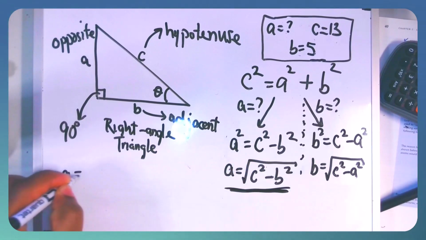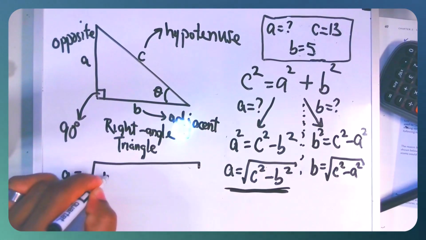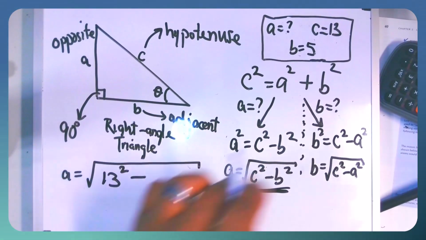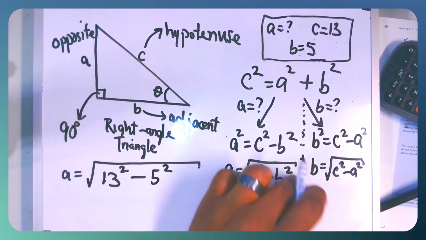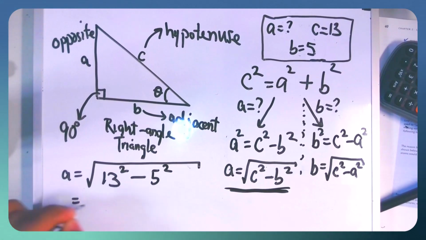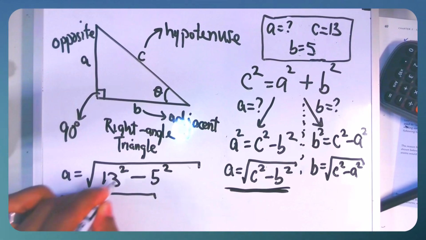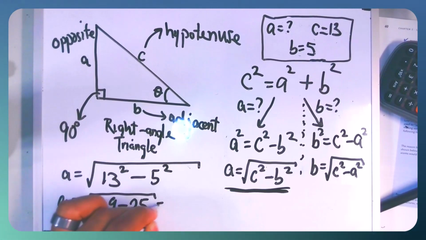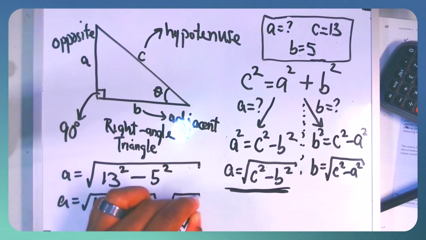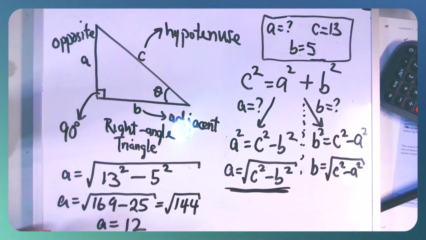So A is equal to the square root of 13 squared minus 5 squared. That is 169 minus 25, which is the square root of 144, and the positive value of A is equal to 12.